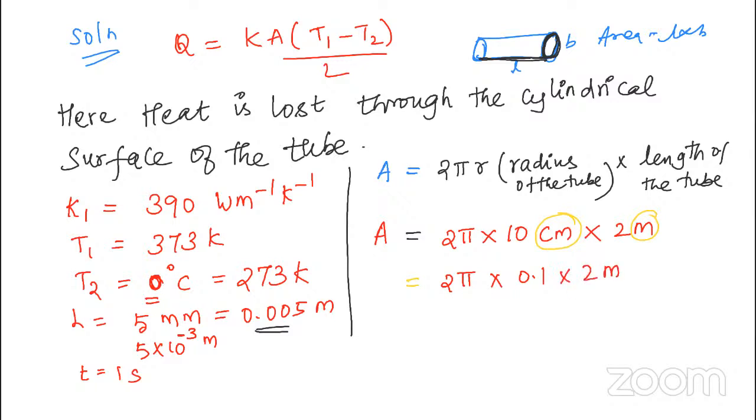So meter square. Then next step, it is 2 into 2, 4. 4 into 0.1, it is 0.4 into pi into meter square.